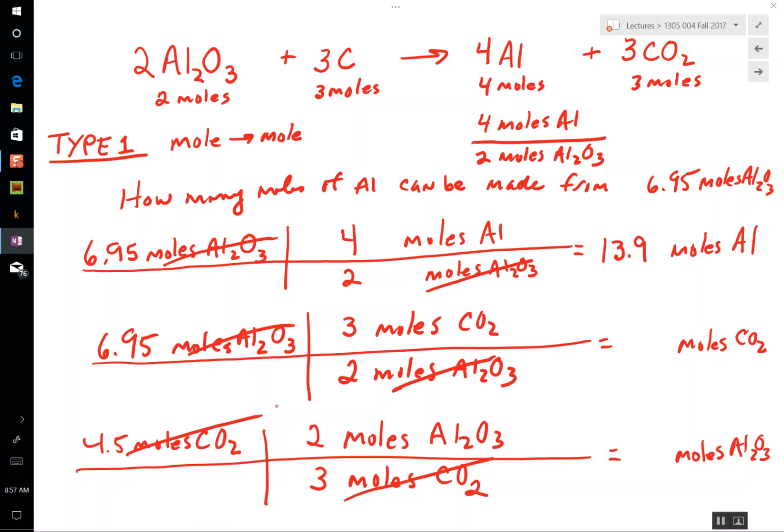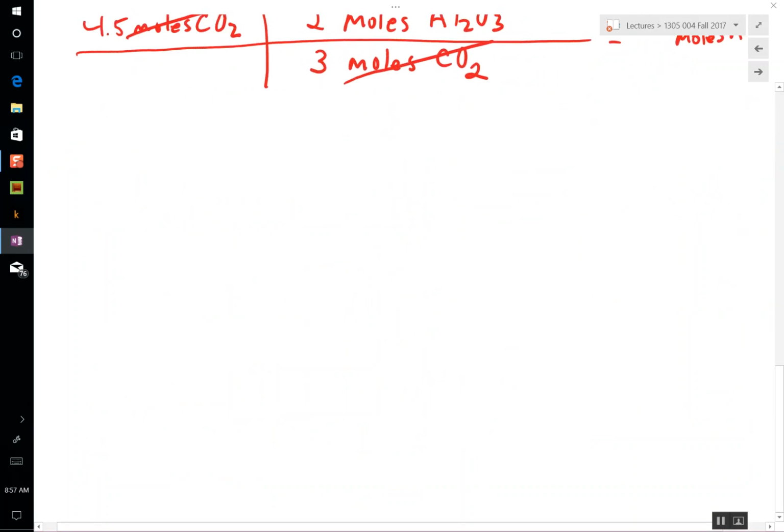Okay, type 2. I'm just kind of naming these like this, but we're going to go from moles to grams. This is going to be a mass calculation. Let me write our equation again.